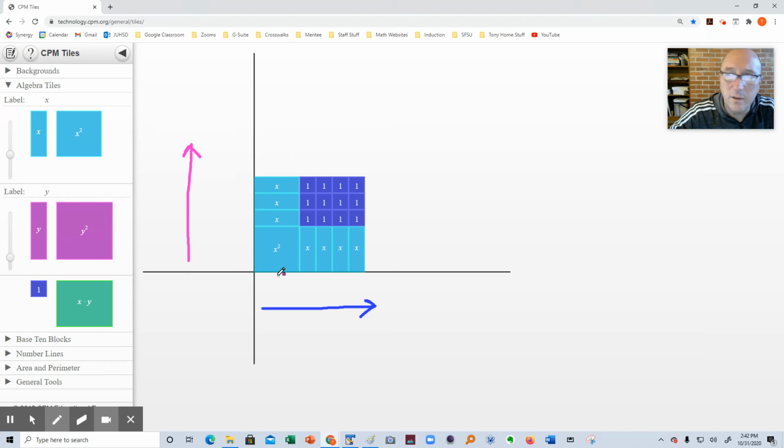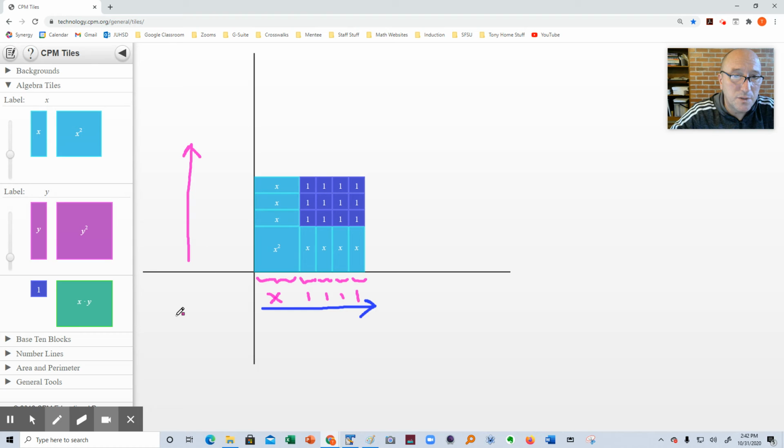So what are the measurements of this rectangle? Down here, what is that? That's x. And how wide is this? That's just 1 unit. And that's also 1 unit, and that's also 1 unit, and that's also 1 unit.